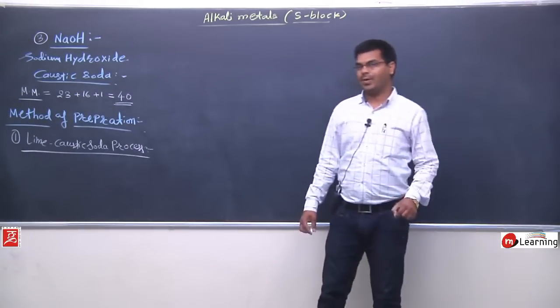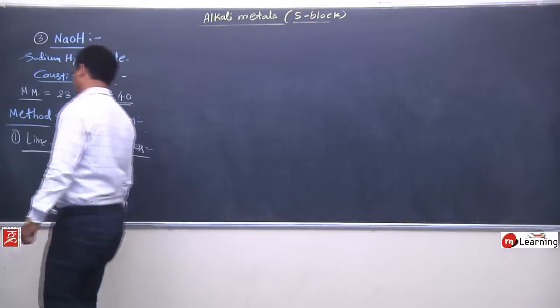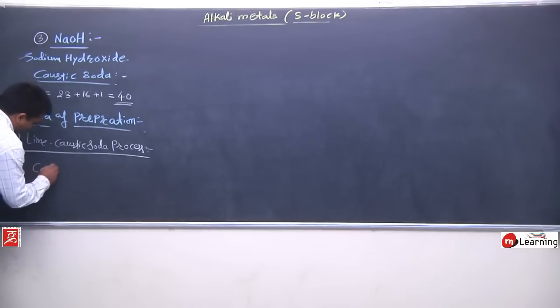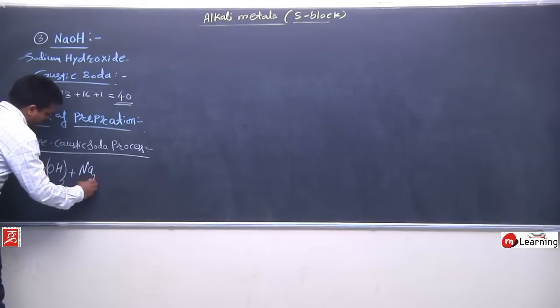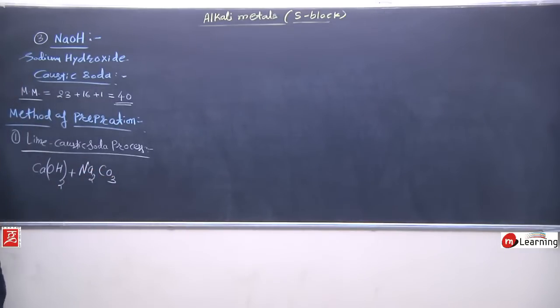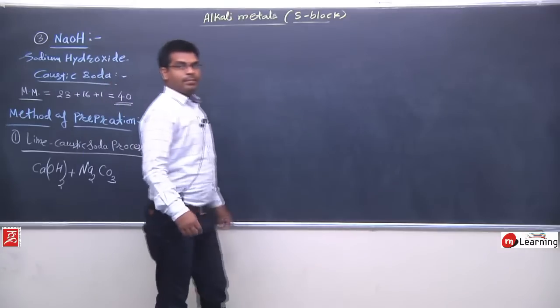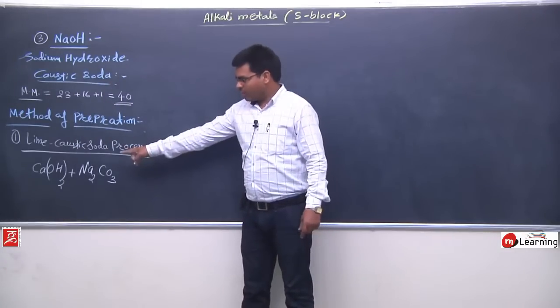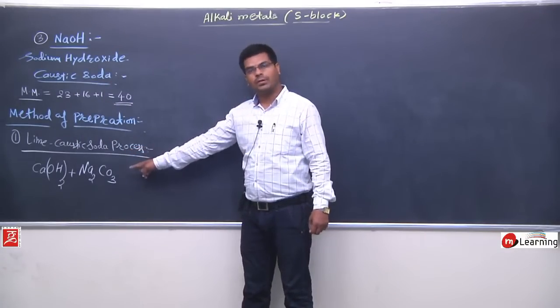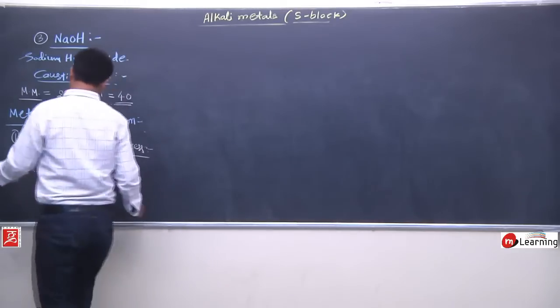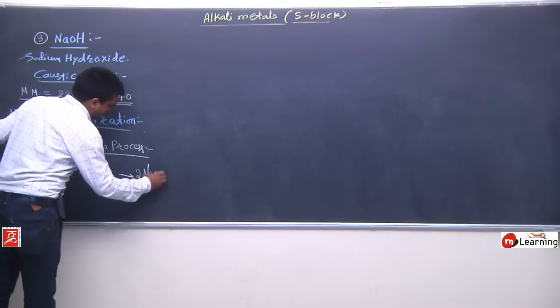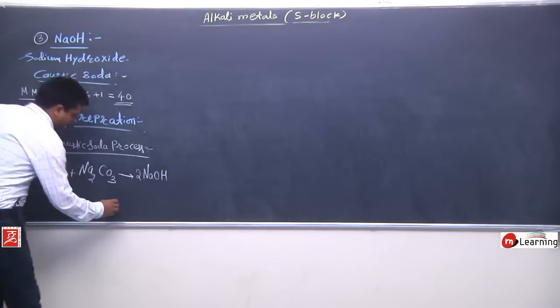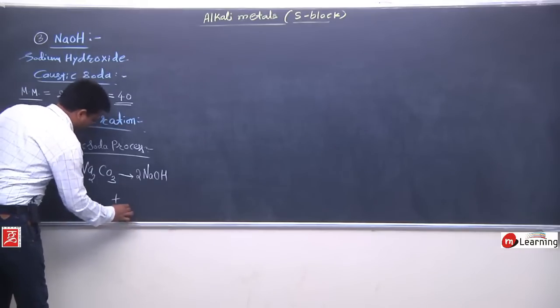What do you mean by lime caustic soda process? Calcium oxide or calcium hydroxide reacts with sodium carbonate, Na₂CO₃. Calcium hydroxide reacts with sodium carbonate and forms two molecules of sodium hydroxide plus calcium carbonate.